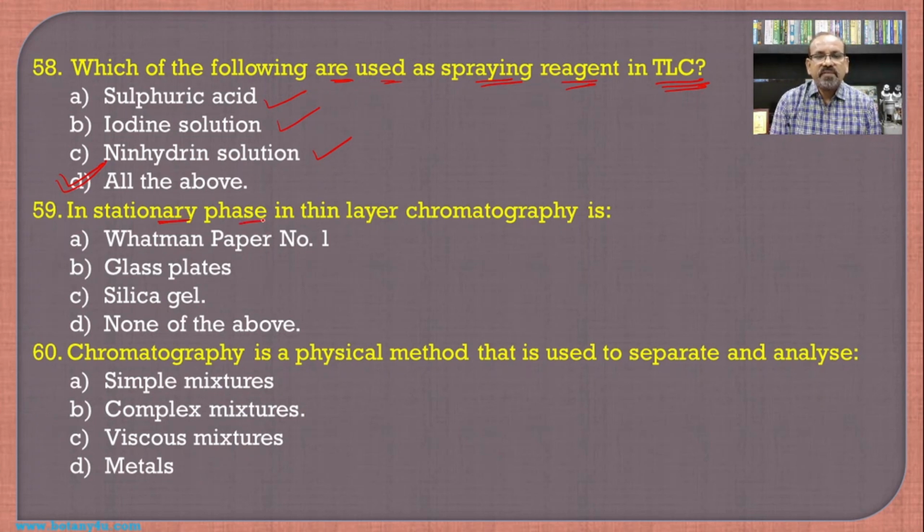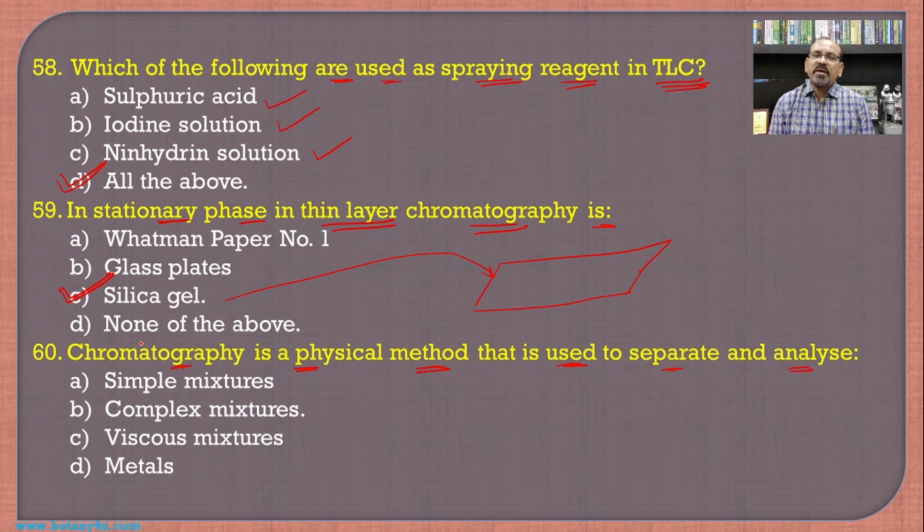The stationary phase in thin layer chromatography, as I have told you, is the glass plate, on which silica gel is applied for the formation of the stationary phase, and hence it is the correct answer.